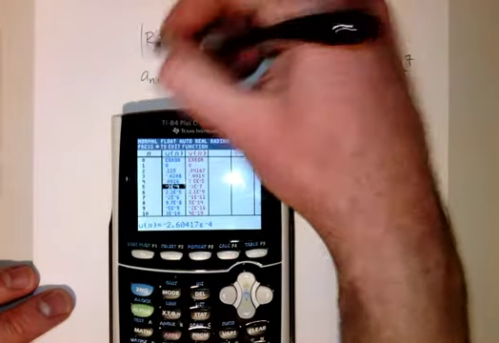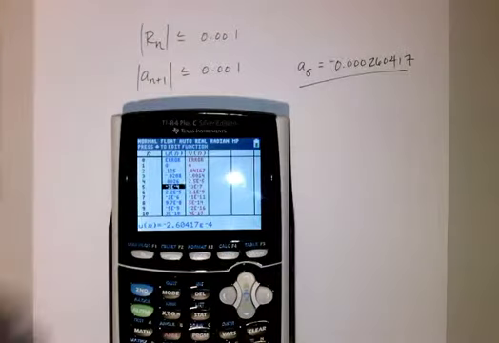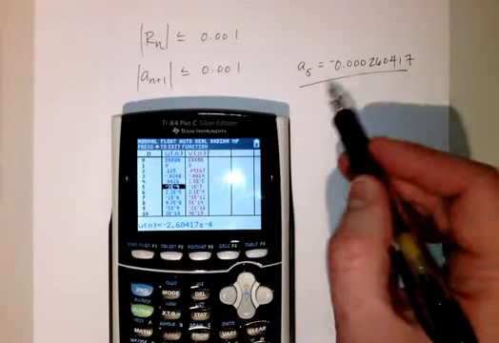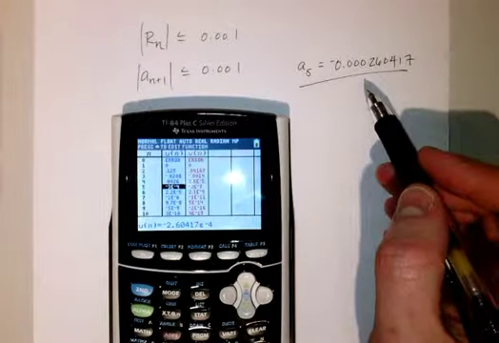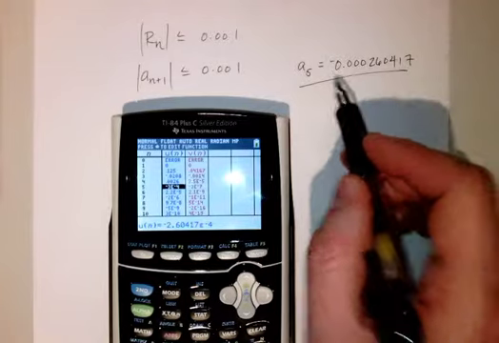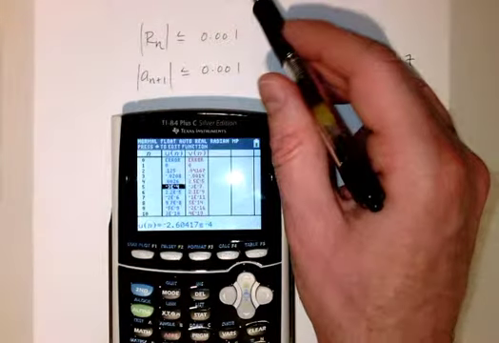Obviously, we're talking about magnitude, so let's put the absolute value bars around there. And yes, the 5th term is the one that achieves an error less than that. So you only have to go through 4 terms in order to get within 0.001 of the actual value.